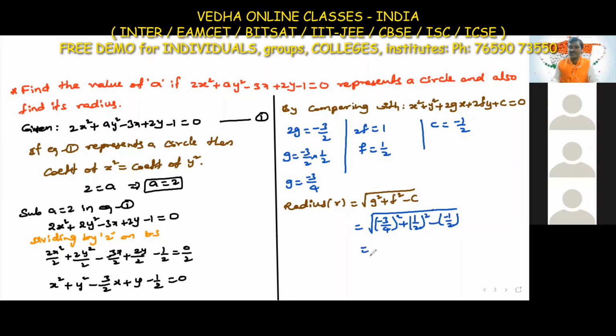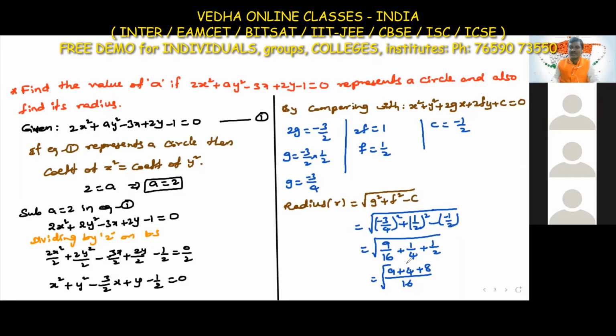This is equal to under root of 3 square is 9 divided by 4 square 16, plus 1 by 2 whole square, 1 divided by 2 square is 4, plus 1 by 2. Take the LCM, which is 16. 9 as it is, 4 4s are 16, 4 1s are 4; 2 8s are 16, 8 into 1 is 8.